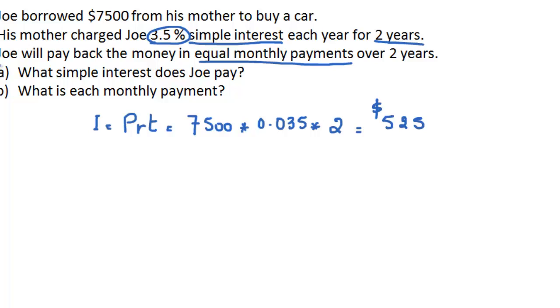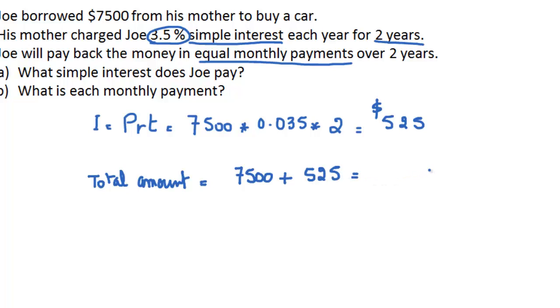Okay, so in this case, we have to find the total amount that he has to pay. So in this case, I'm going to write total amount equals the 7,500 he has to return back to his mom, plus the interest for 2 years, 525.